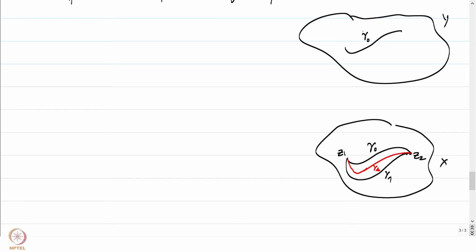This is say gamma 0 tilde, this is say gamma 1 tilde, and say this is going to be gamma s tilde. The point here is going to be z1 tilde. z1 tilde is getting mapped under f to z1, and f composed with gamma s tilde is equal to gamma s. That's what it means for gamma s tilde to be a lift of gamma s with respect to f. If all this is satisfied, then what is being claimed is that gamma 0 tilde and gamma 1 tilde are going to be homotopic to each other.